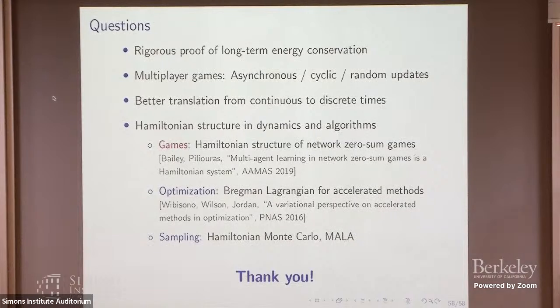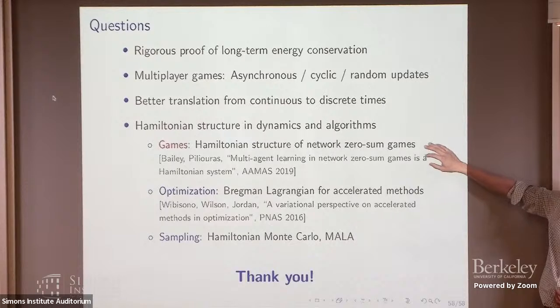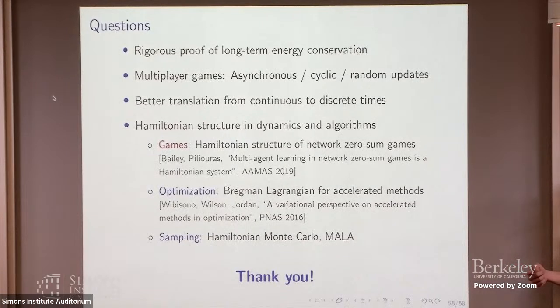The other thing is that there are a lot of new structures that come up in dynamics and algorithms, all these recurrence theorems. From this talk, I want to highlight the Hamiltonian structure. This has come up in many places. For games, Jorges had a beautiful paper a few years ago saying that if you have general network zero-sum games, and you run follow the regularized leader, then they have a Hamiltonian structure.